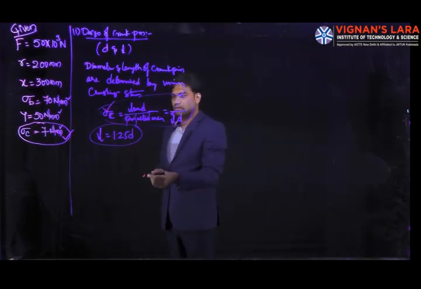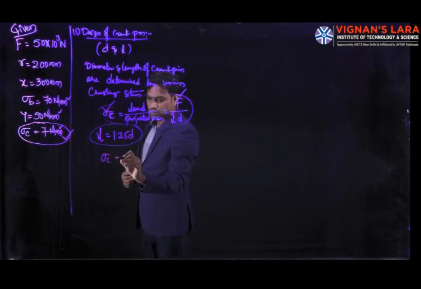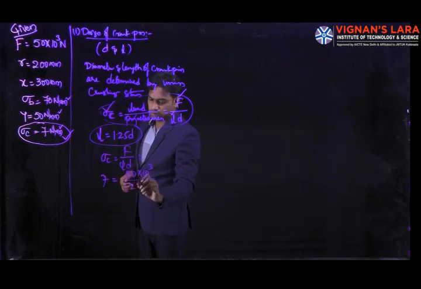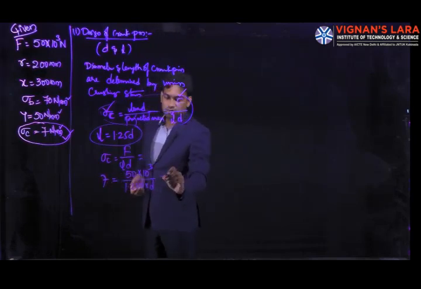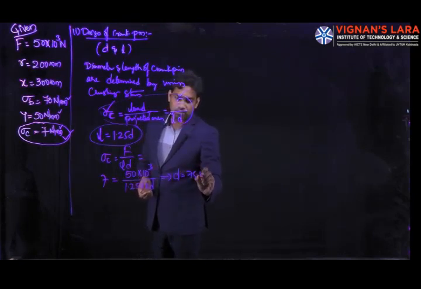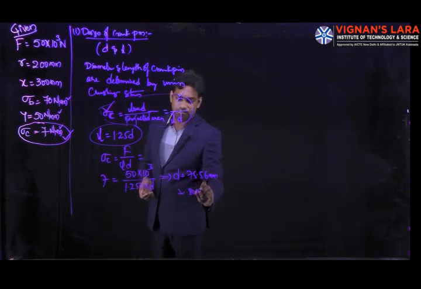So sigma c equals F by LD, that is 7 equals 50 into 10 cube divided by 1.25 D into D, which is 1.25 D square. From that, you get the diameter of the crank pin as 75.6 mm, so I can take a rounded-up value of 80 mm.